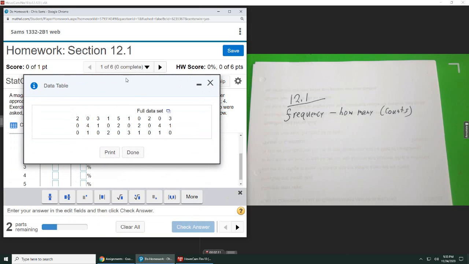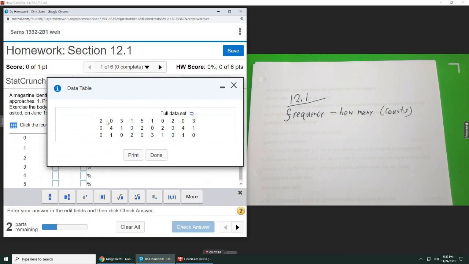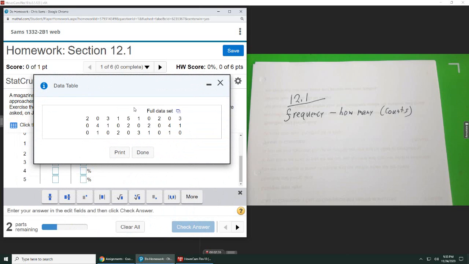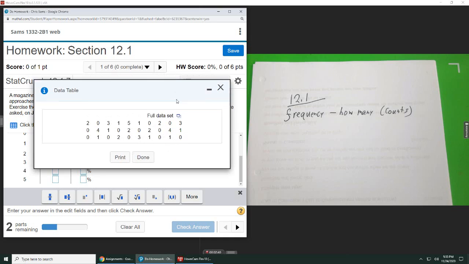All right, so now I'm going to do the number 1. Going from left to right, 1, 2, 3, 4, 5, 6, 7. Okay, so 7 number 1s. How many 2s? 1, 2, 3, 4, 5. So 5 2s.